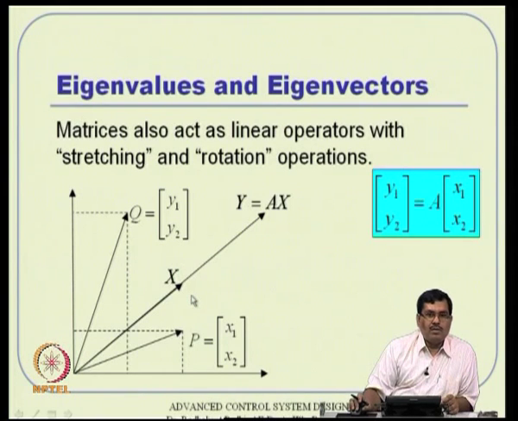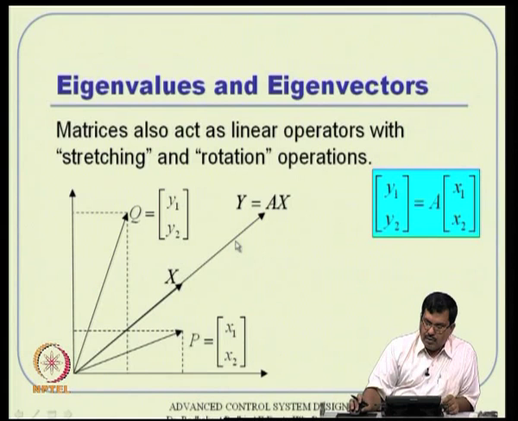Whatever direction pops up is called the eigenvector direction or principal axis, and so on. Those directions are given by eigenvectors, and the magnitude of stretching is given by eigenvalues. In general, this magnitude can be a complex number, but we will not venture too much into that.